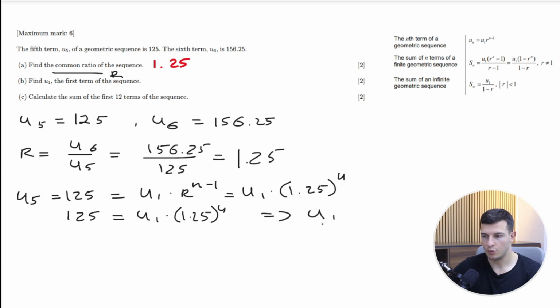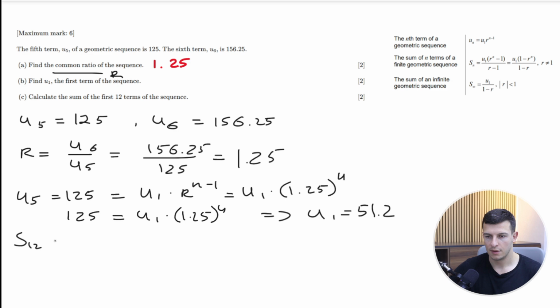And from here we can find U1 by dividing 125 by 1.25 to the power of 4, and that's going to give us 51.2. So U1 is 51.2.